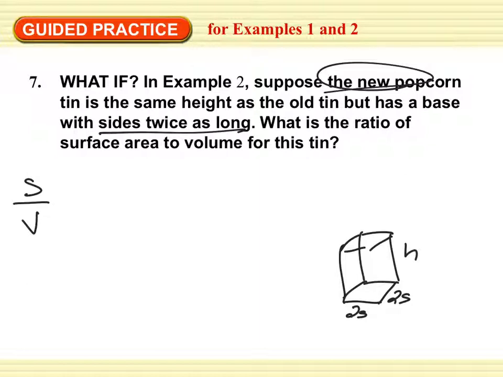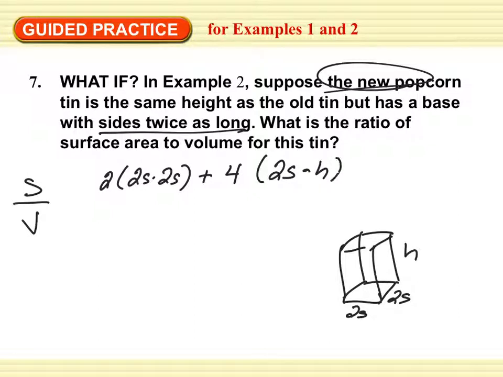So the surface area is 2 times the area of the base, which is 2s times 2s, plus 4 times the area of the sides. I didn't draw that one, sorry. 4 times 2s times h over volume, which is 2s times 2s times h.